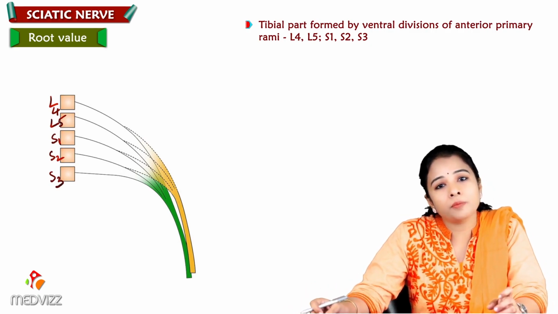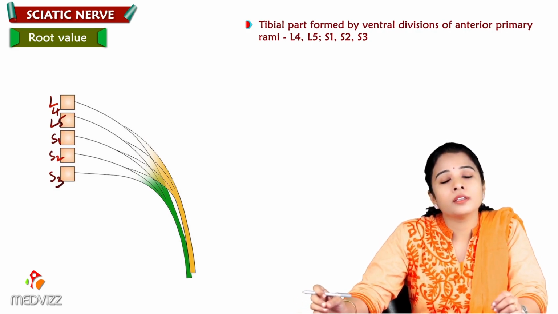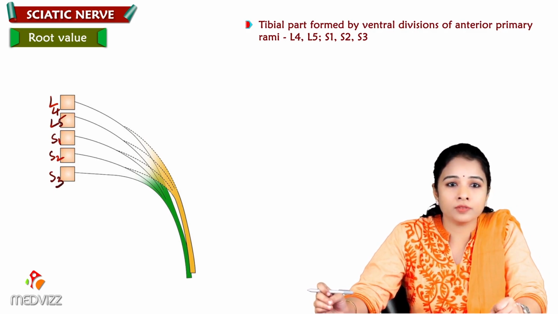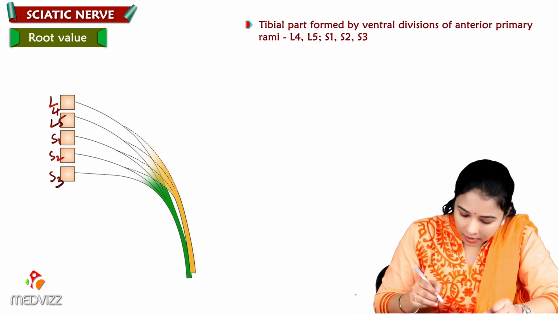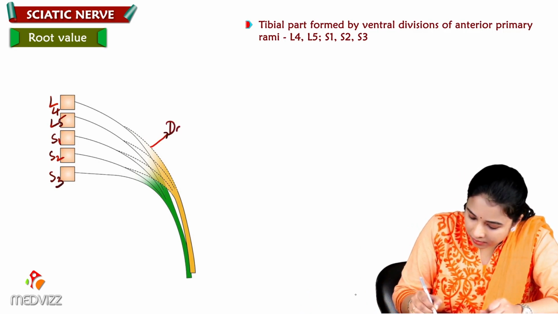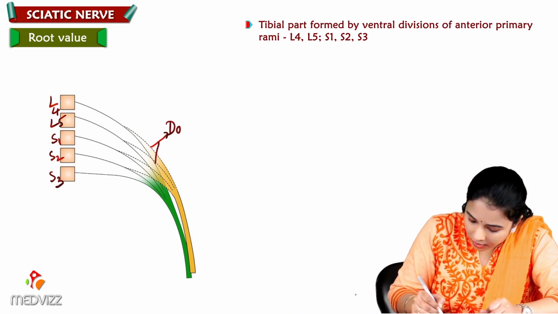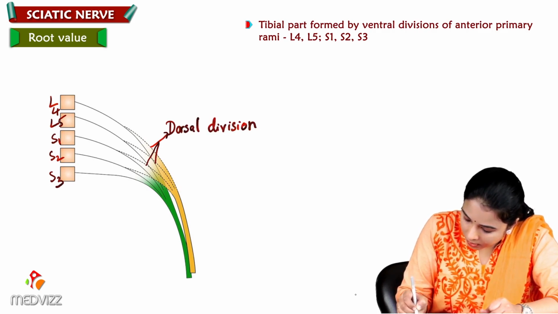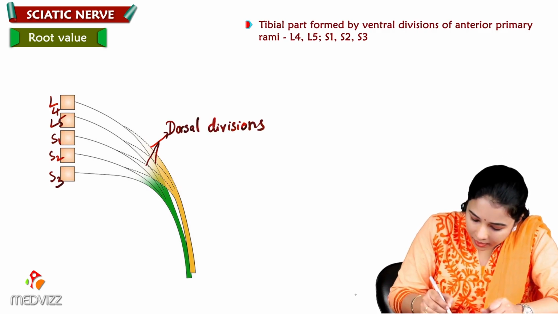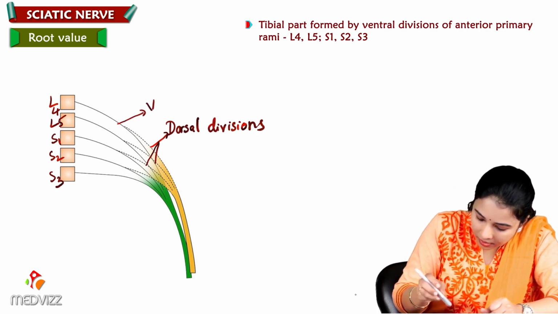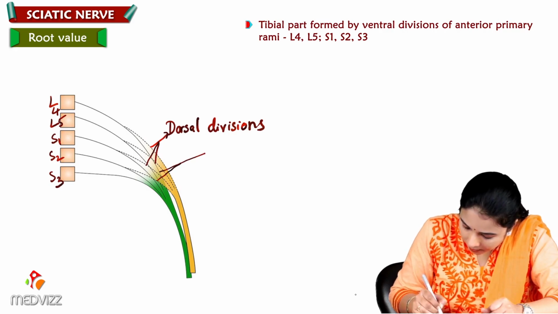These anterior primary rami are further divided into ventral division and dorsal division. If you see here, these dotted lines represent the dorsal divisions, whereas the continuous lines represent ventral divisions.